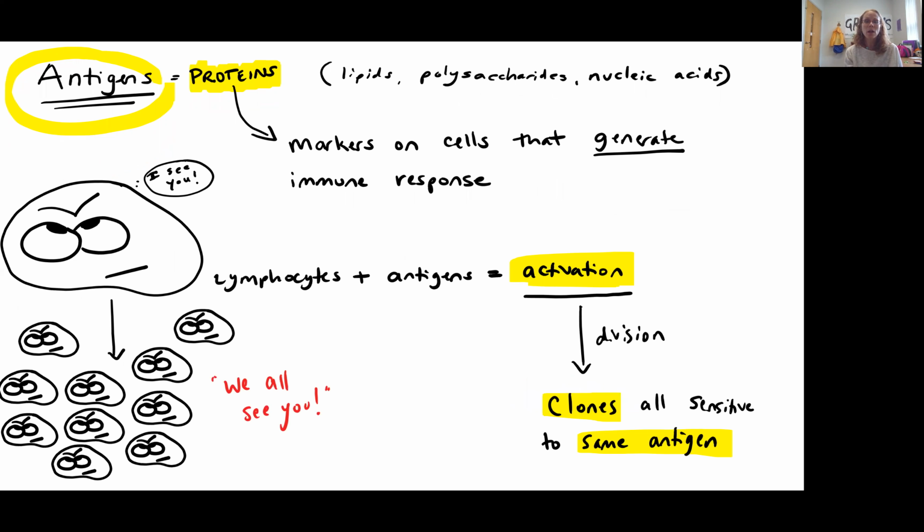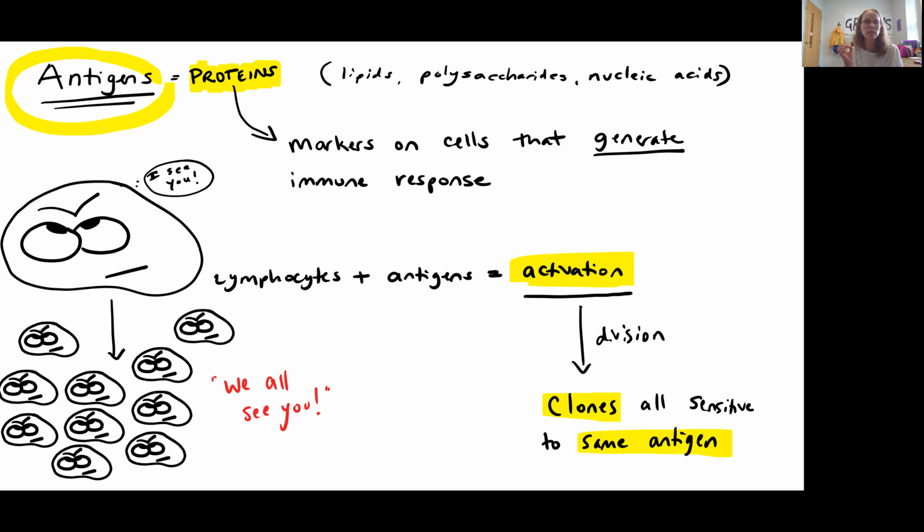So it's making clones. And all of those clones are going to be sensitive to exactly that same antigen. Whatever antigen triggered activation of the lymphocyte will be the antigen that all of these clones are sensitive to.